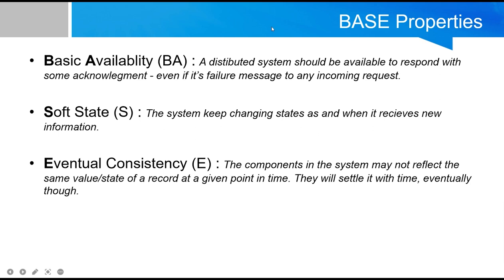Second is soft state. It states that when you are performing a transaction, your system is going to change. The assumption here is that we are considering the system in a distributed manner. Let's suppose a system is distributed in n locations, and for a particular data item X we have multiple copies, one copy in one location and the other copies at different locations.